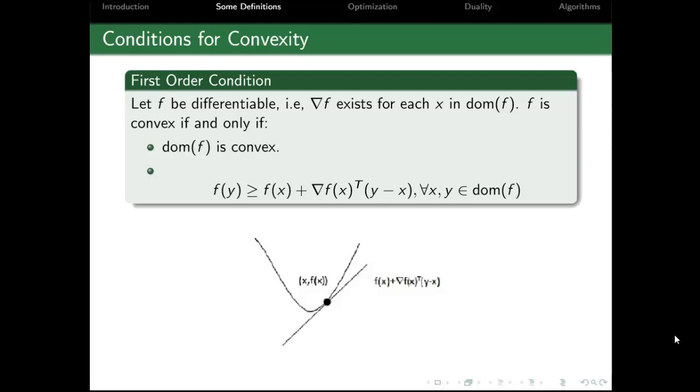This inequality states that the function should always lie above all its tangents. If you look at the right hand side carefully, it is nothing but the equation of the tangent at x, f of x, and we expect this value to be less than f of y. This is nothing but the condition saying that the curve should be above the tangent.